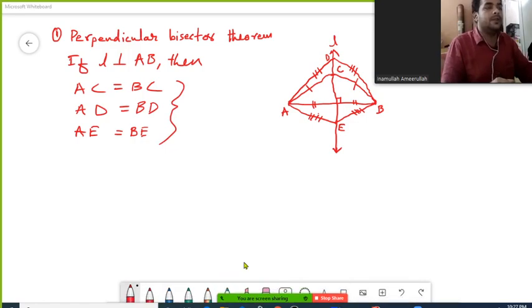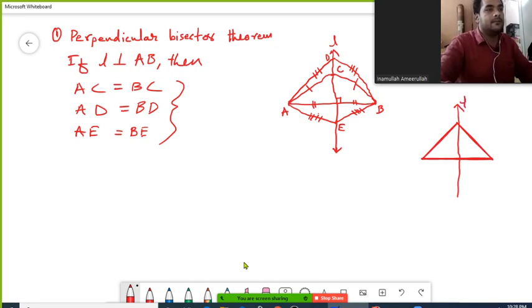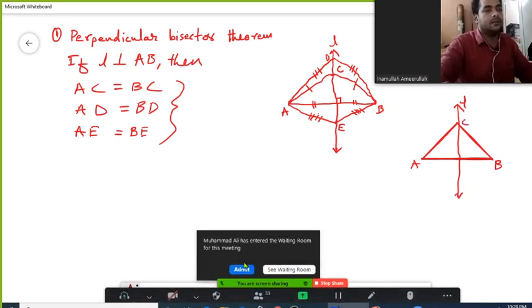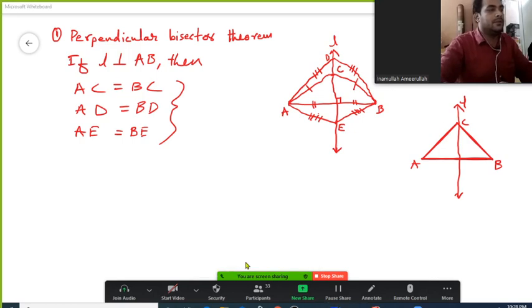How can we prove it? You can prove perpendicular bisector theorem by using congruence of triangles. For example, suppose this is line L, this is AB, and this is a point C. Since it is a perpendicular bisector, this is a right angle.